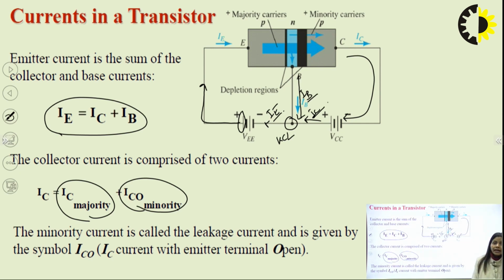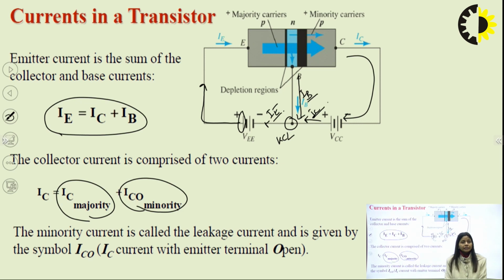So understand, this ICO becomes ICBO for the common base configuration, and this same ICO becomes ICEO for the common emitter configuration. So for common base it should be ICBO, and for common emitter it should be ICEO.